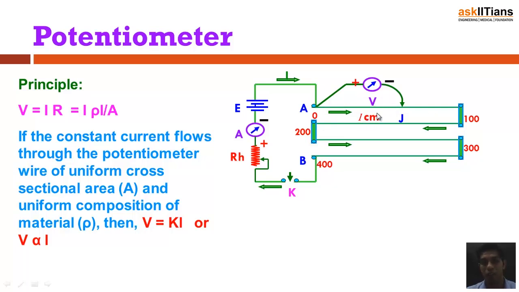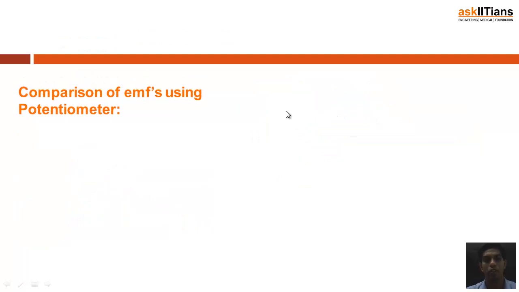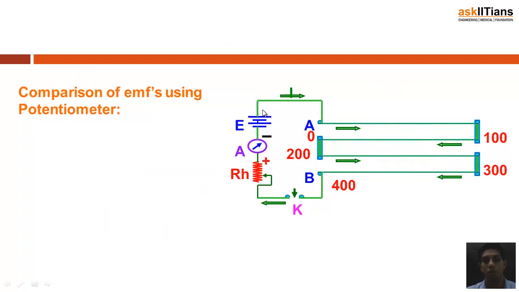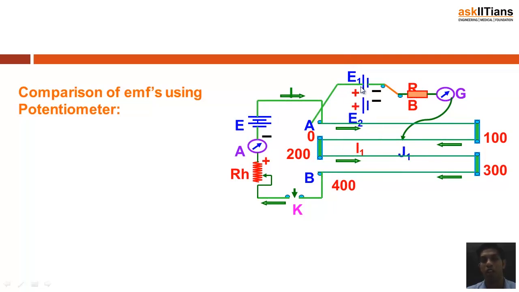What's the application of the potentiometer? The application of the potentiometer is simply to find out the unknown value of the EMF. We want to find out the EMF of a cell, so we can use the potentiometer for that. So here's a typical setup of how we come up with the value of EMF for an unknown cell.